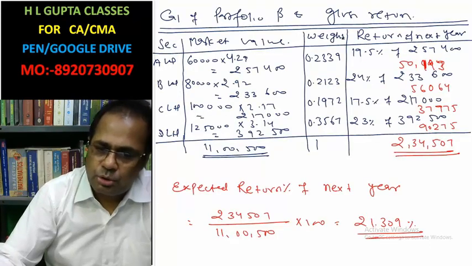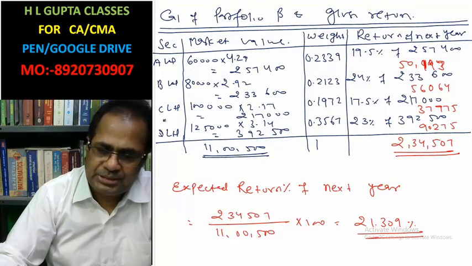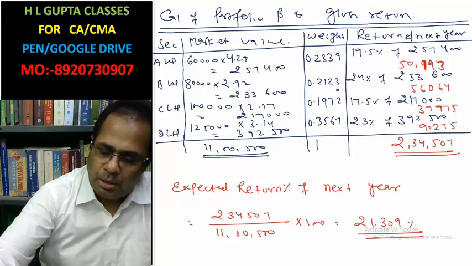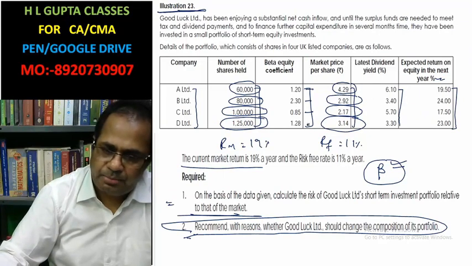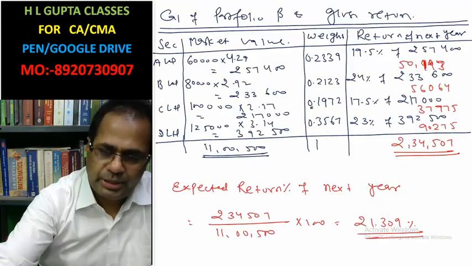In the given question, the weights of A, B, C, D Limited are already calculated, and the betas are already given here: 1.2, 2.3, 0.85, 1.28.